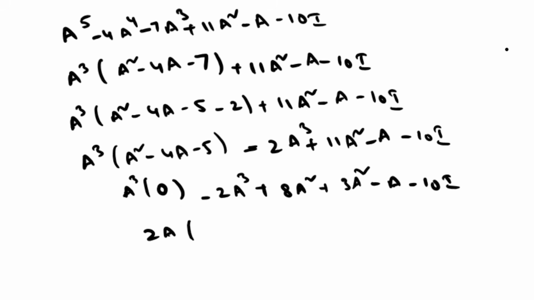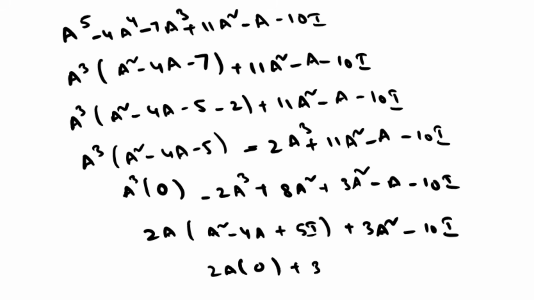Taking 2A as common, A squared minus 4A minus 5 gives this value of 0, which is 2A into 0 plus 3A squared minus 10I.